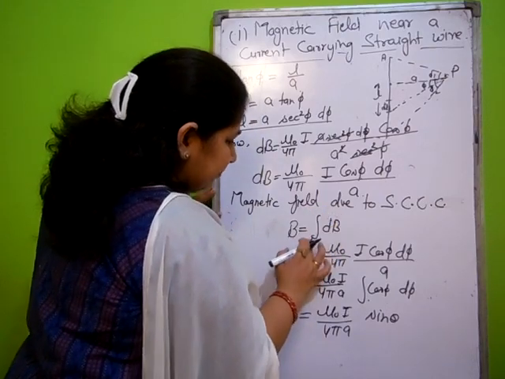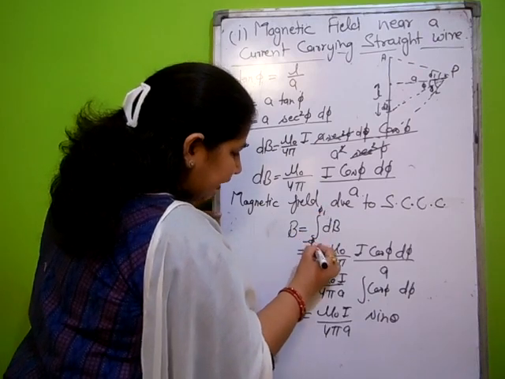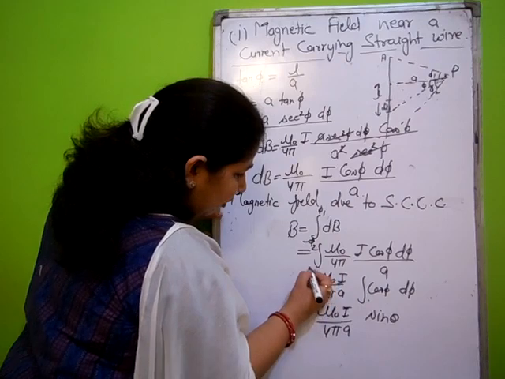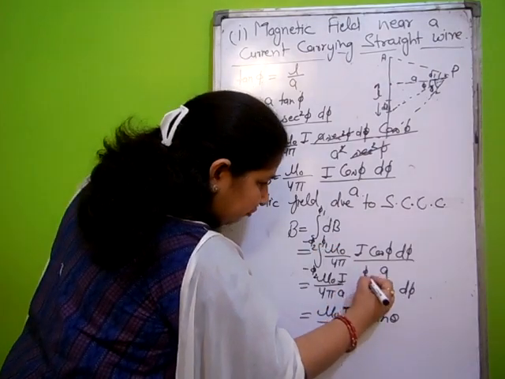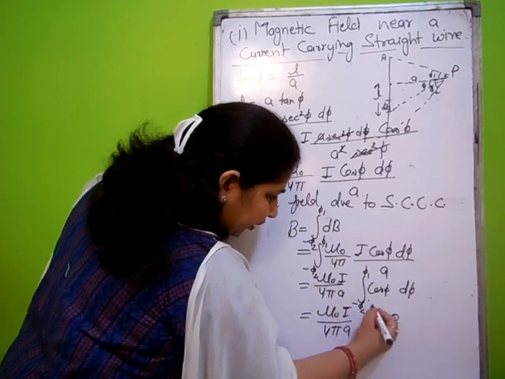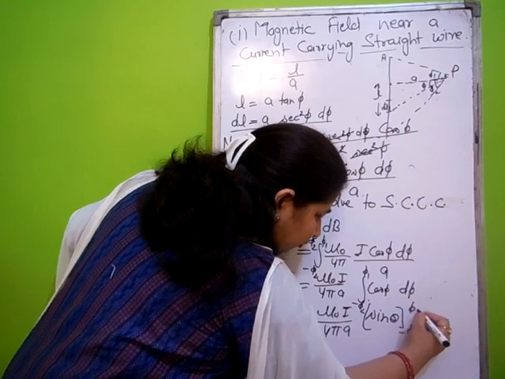The lower limit is minus phi 2 and the upper limit is phi 1. After integration we will put the values minus phi 2 to phi 1.